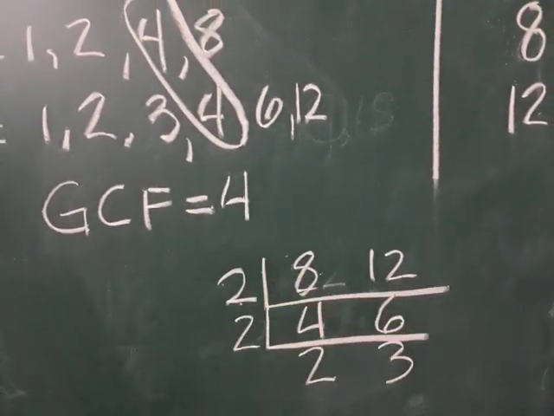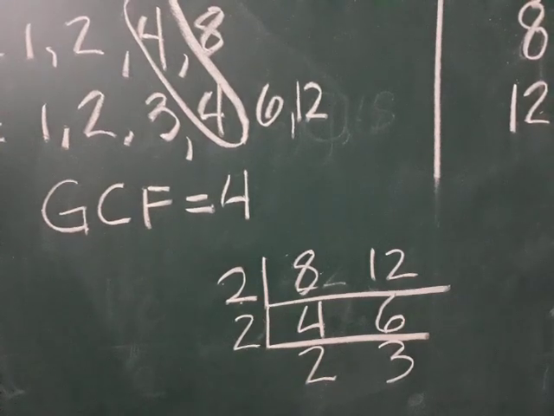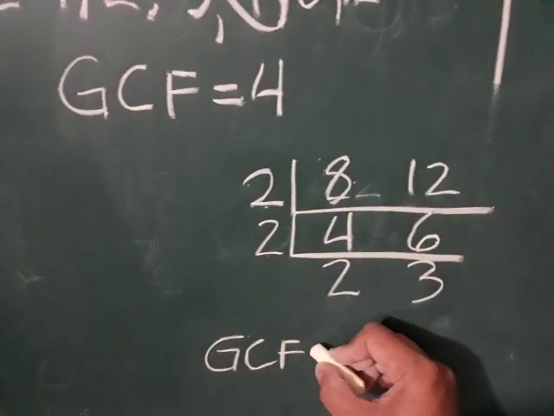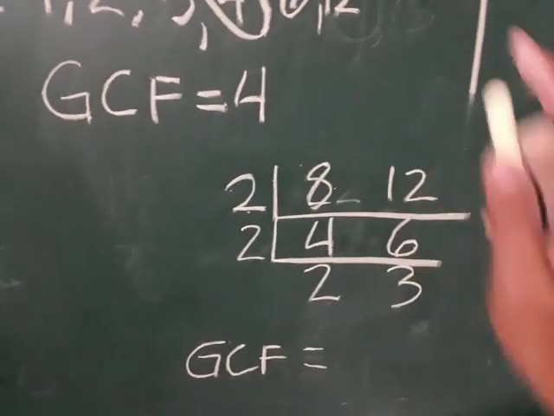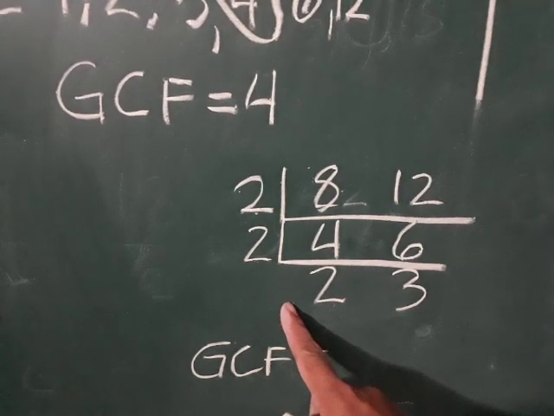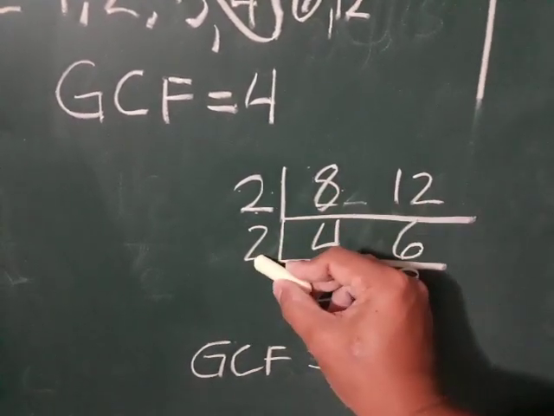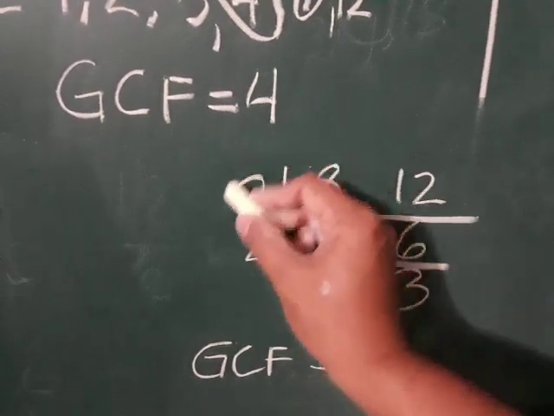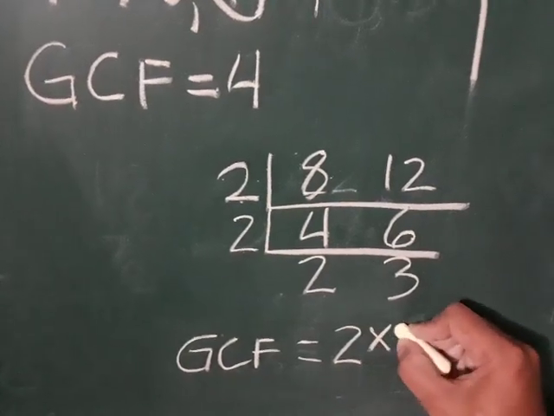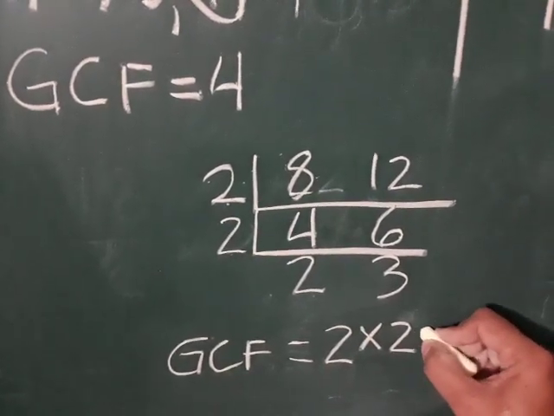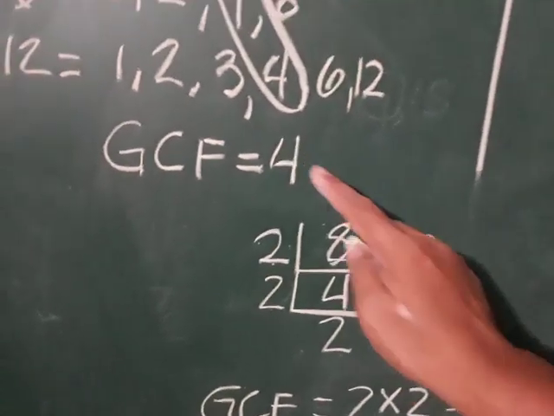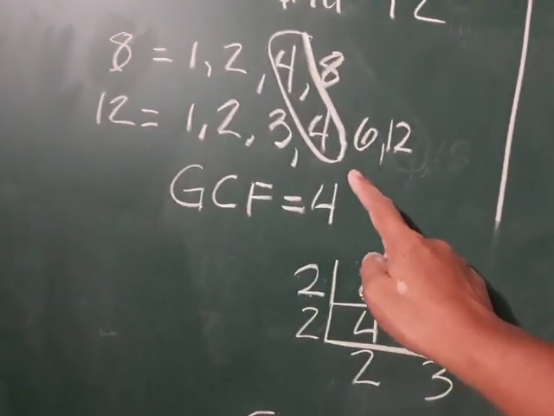So our GCF, as I had mentioned a while ago, when we use the continuous division, just multiply the numbers on the left of the box. So we have 2 times 2, which is equal to 4, which is the same with our listing method.